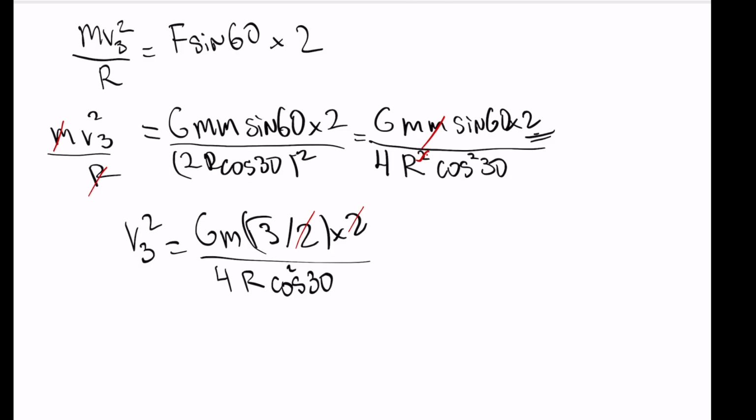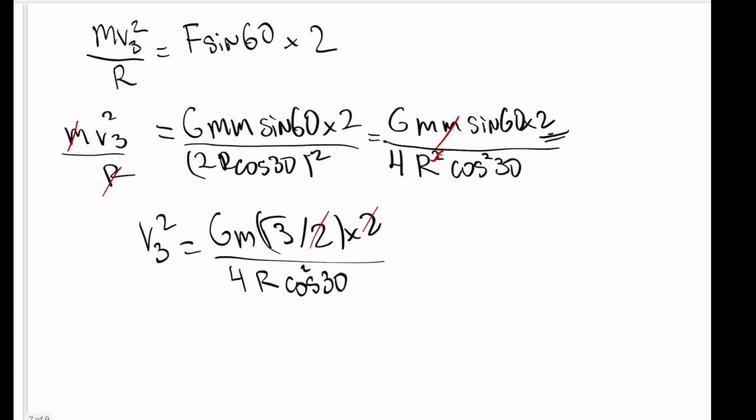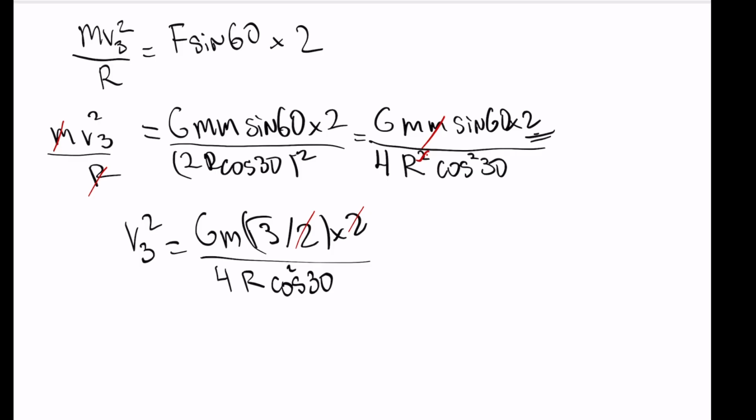I think that's right. Okay, what was this problem actually asking us to do? What is the speed v3 in terms of v2? So we've got an expression for v2, which is the square root of GM over 4r. So we can quite easily express v3 in terms of v2, because v3 is going to be the square root of all this, GM over 4r.